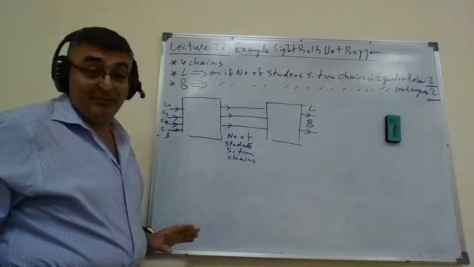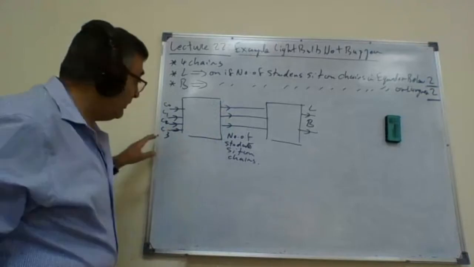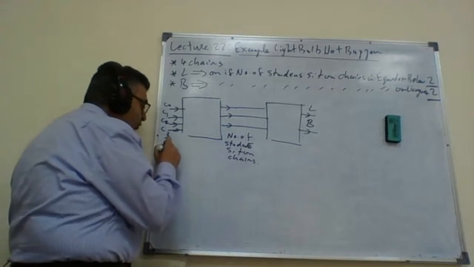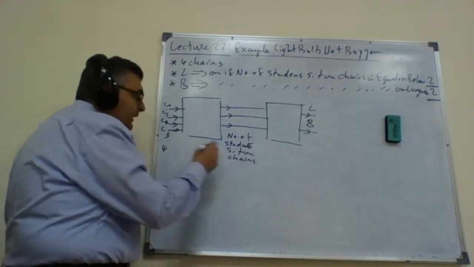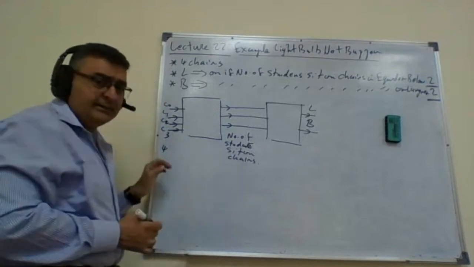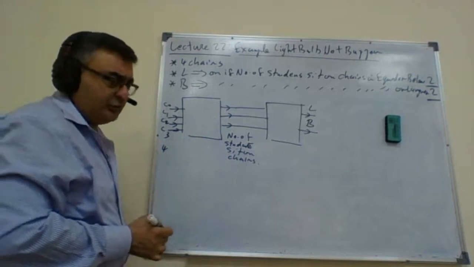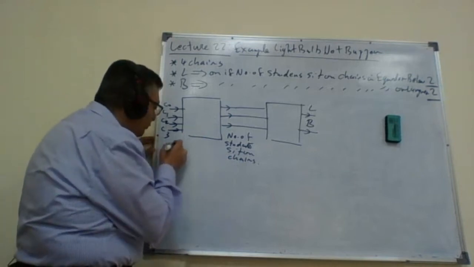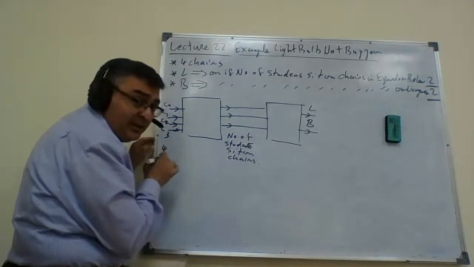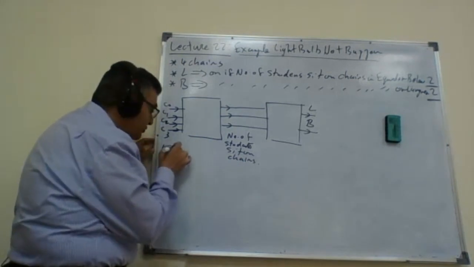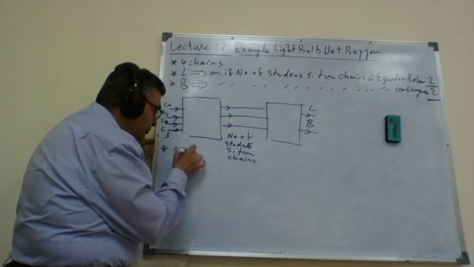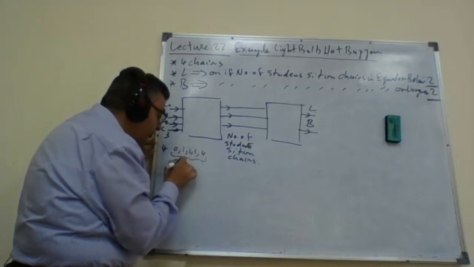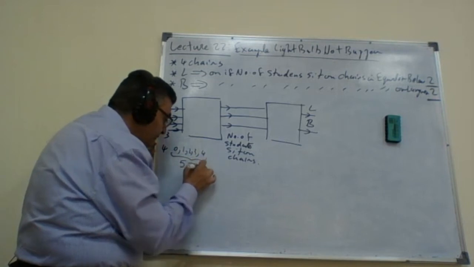I drew them as 3, but is this really 3? I have to think. This circuit has 4 inputs, and the output should indicate the number of students sitting on the chairs. If I have 4 chairs, what is the range of values in decimal? I may have 0 students, 1, 2, 3, and 4. So I have a total of 5 options.